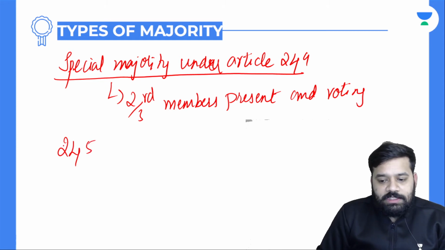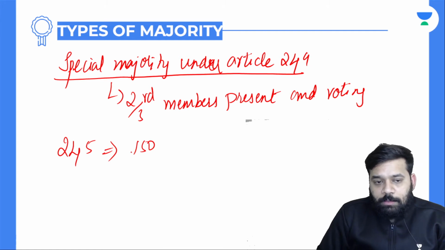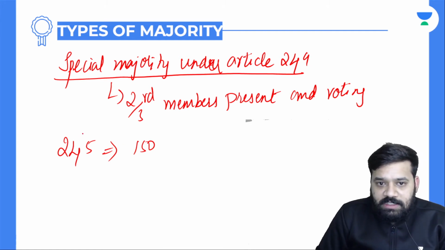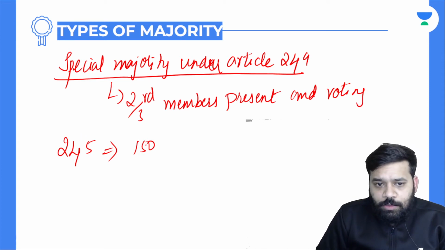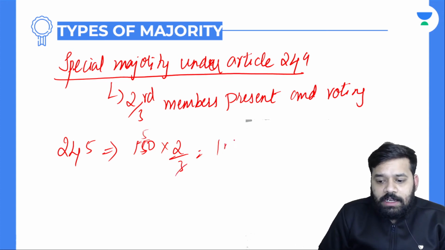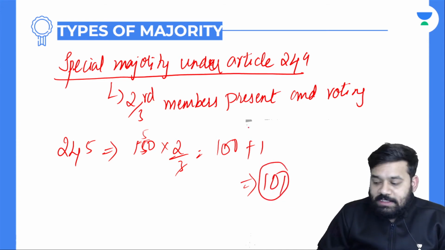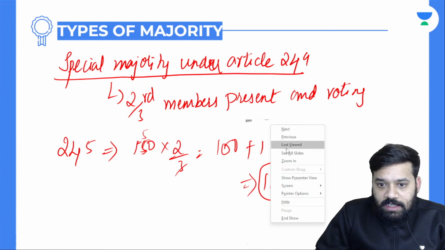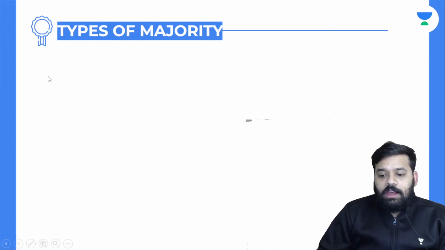This is not going to be the same. If only 150 of them are present and voting, that is, there might be absenteeism, and some of them might abstain from voting. So let us assume only 150 are voting. Out of this 150, two-third is going to be 100. 100 plus 1 is required. So in this particular case, 101 is the special majority that is required. This is the first type.